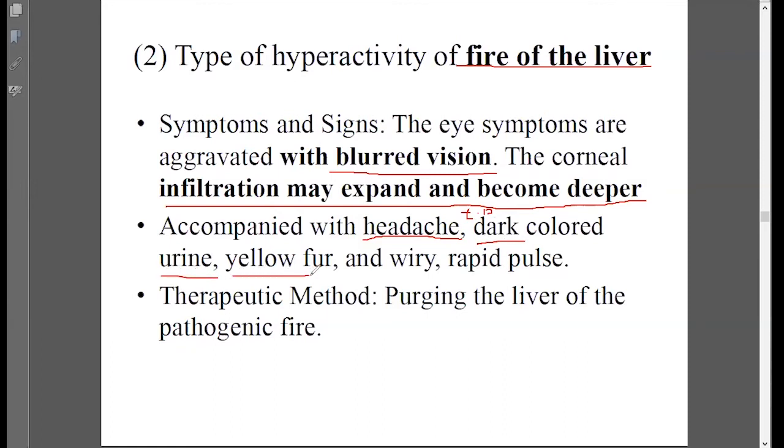Yellow tongue coating, red tongue, wiry and rapid pulse. And other symptoms possible. Patient has hypochondriac pain, and even sometimes attacking the middle jiao causes poor appetite and even nausea. People are easily emotional.